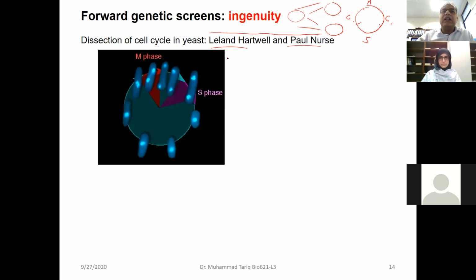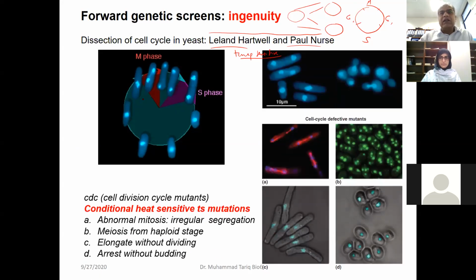So they created temperature sensitive mutations, and temperature sensitive mutations made their job easy, because at normal temperature yeast grew very happily, but when they raised the temperature, they could see all different kinds of phenotypes in the mutants, which are shown here, and we also discussed them last time.